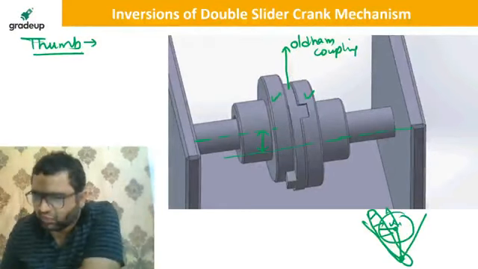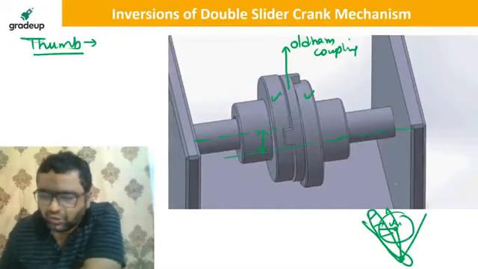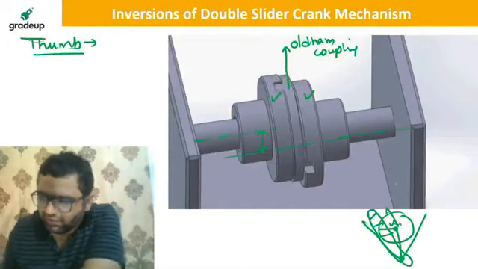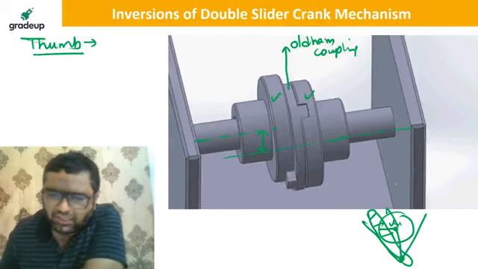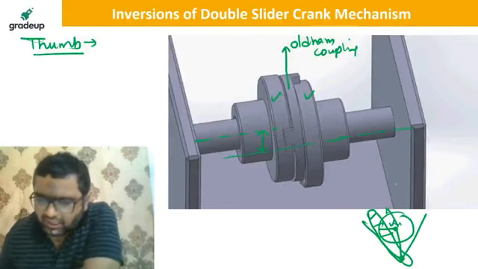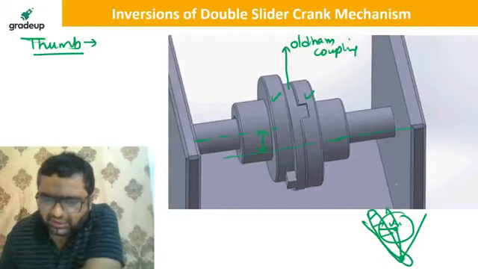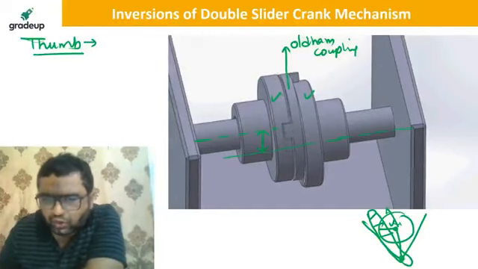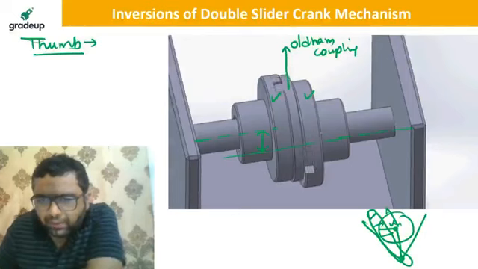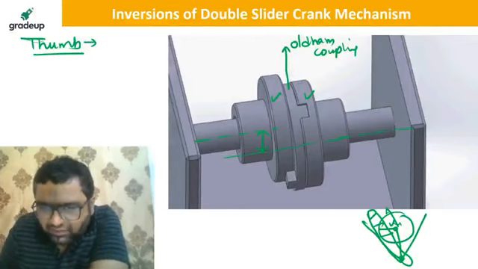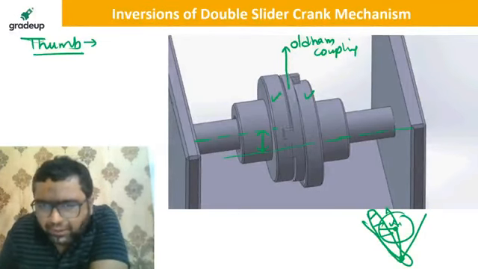So definitely there was a sliding motion. The same thing you have seen in the Whitworth mechanism. The same thing you have seen in the oscillating cylinder. The same thing you have seen in every single slider mechanism. So here also you can see that this Oldham coupling is sliding as well.